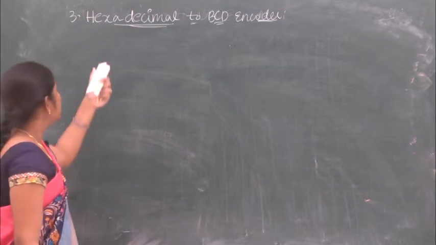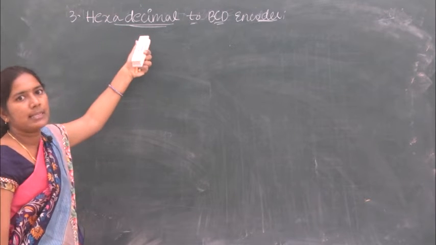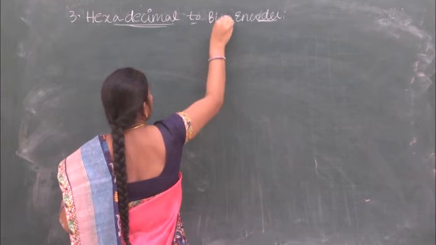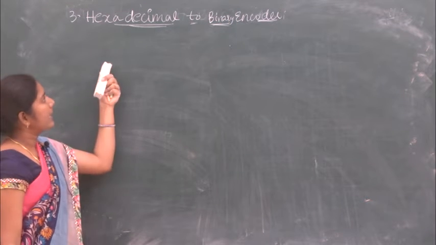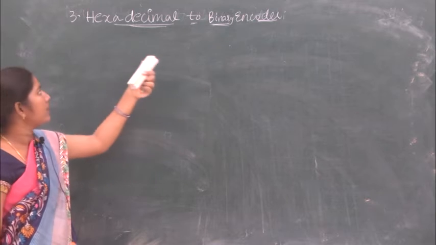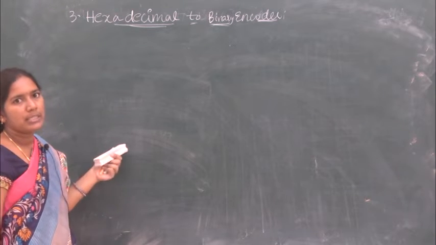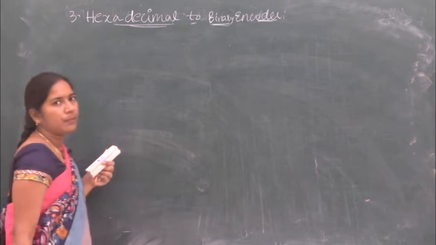Hexadecimal to BCD means in the case of inputs we are having 16 hexadecimal numbers. So this is binary. The third one is the hexadecimal to binary encoder. Means here we are having 16 hexadecimal input numbers which are coded into binary numbers. Right?